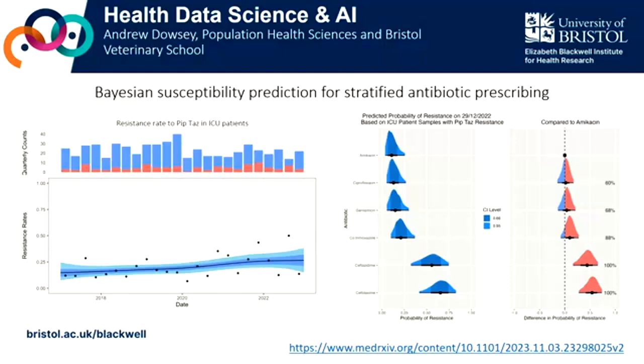So we make predictions based on the history for the time of the prescription event, and then develop dashboards that give the clinician an idea, compared to a particular antibiotic, which other antibiotics have more chance to work for this particular patient.